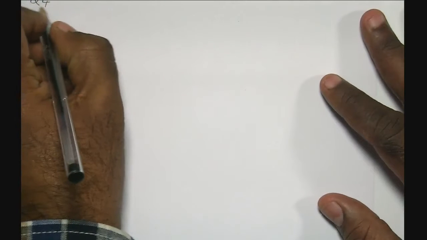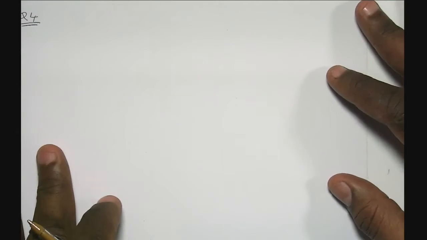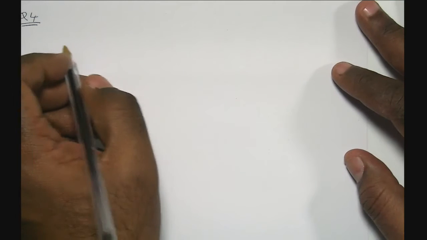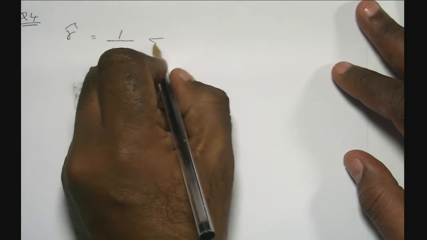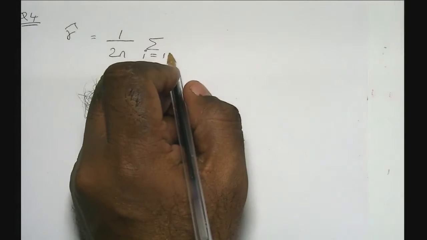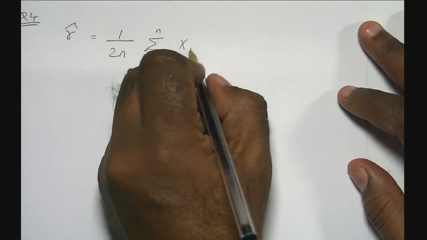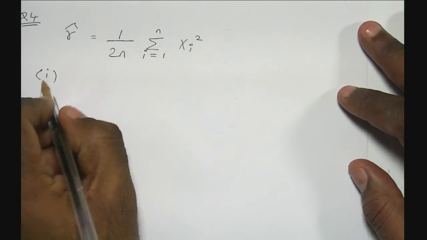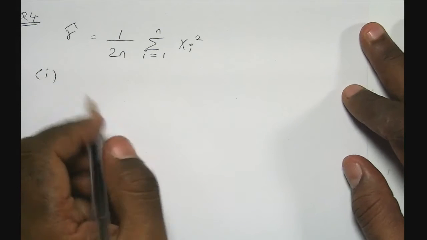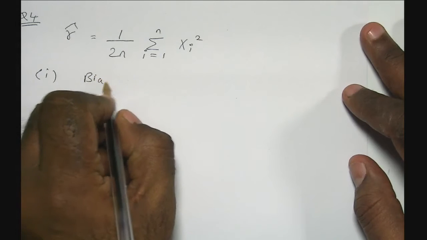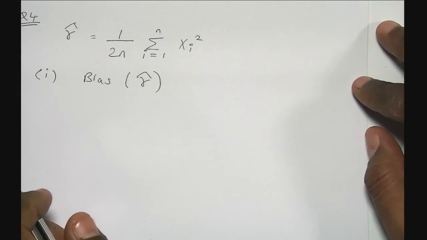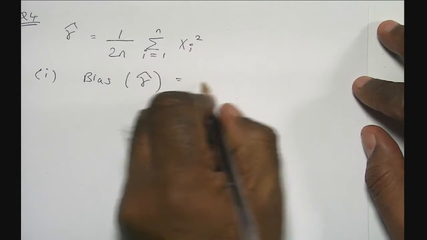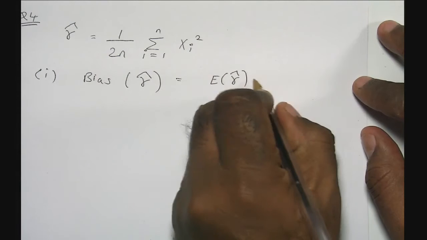Okay, so this is question Q4. Right now, first you're given an estimator for gamma, which is this guy here. All right. Now the first part is to show that the gamma hat is an unbiased estimator. So you need to show that the bias of gamma hat is equal to 0. Right? That's what you need to show.